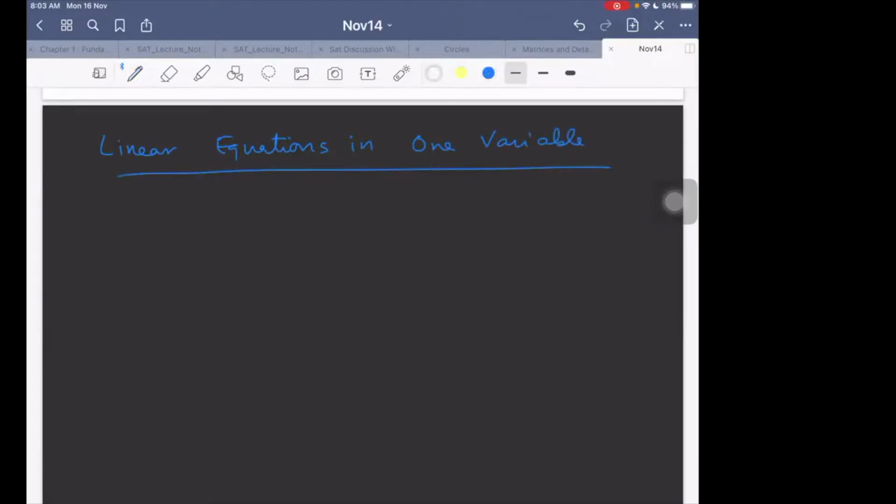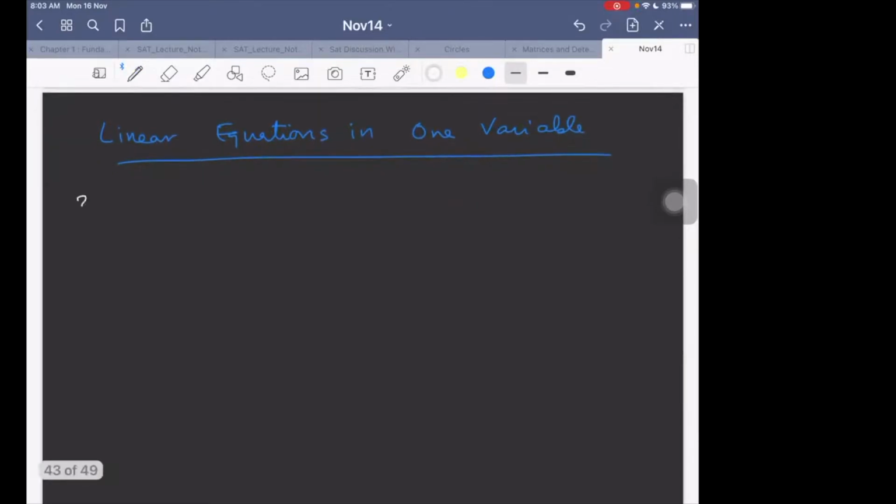So far we have seen linear equations which can be solved just by addition or subtraction, or just by multiplication and division, and ones which need to be simplified by combining like terms, expanding the brackets, and things like that. Those are multi-step linear equations. And currently we are discussing linear equations which have variables on both sides. So we are on question number 3 now.